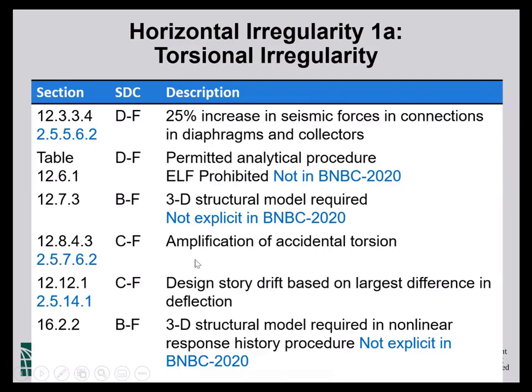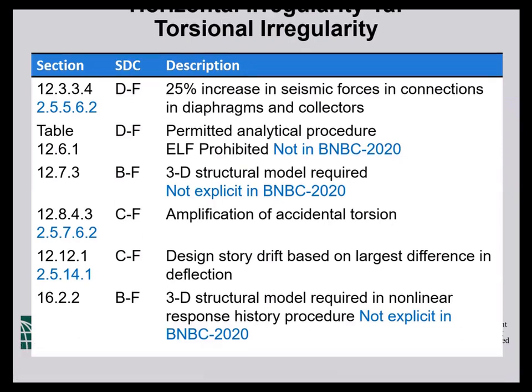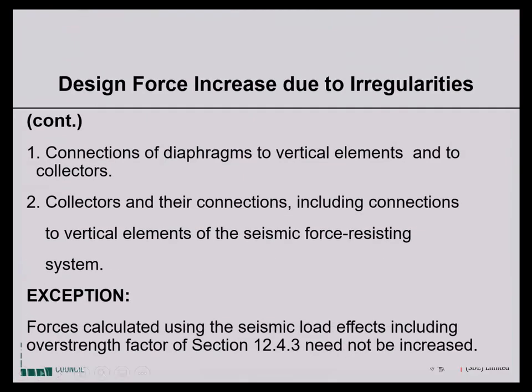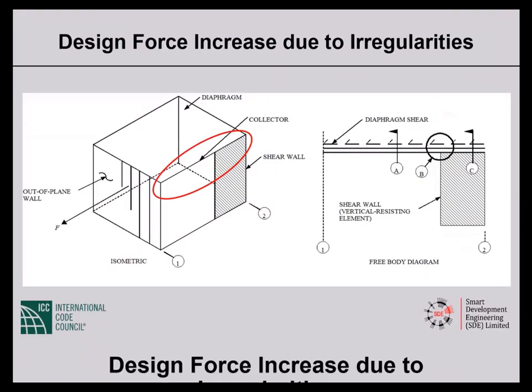Both of those requirements are in both documents. And finally, 3D structural model required in nonlinear response history analysis. I do not believe it is explicitly stated in BNBC, but it doesn't make any difference. So amplification of accidental torsion and design story drift, we will take a look at those without coming back to this table.